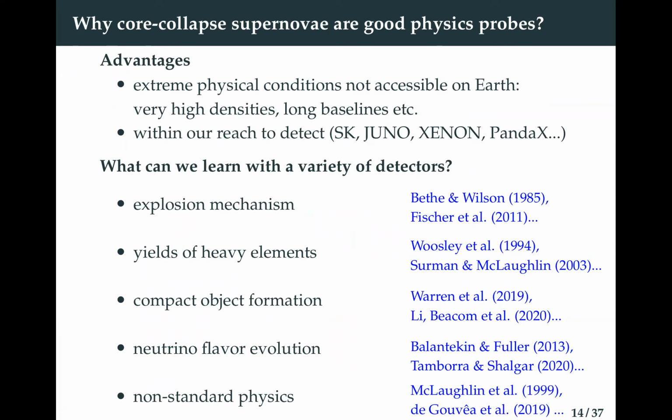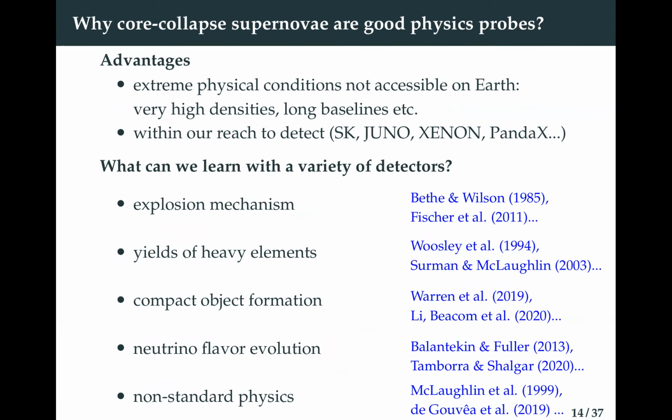Okay, so why are core-collapse supernovae a good physics problem? From those neutrinos, we can get access to very extreme environments, hot, dense, and also environments where neutrino interactions can be important, but also those neutrinos travel over very, very long baselines. This is something we cannot really probe here on Earth.